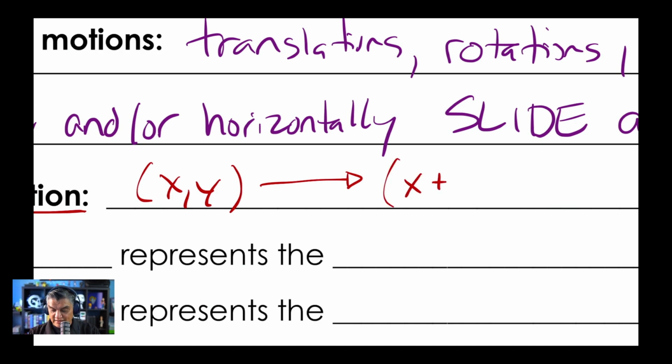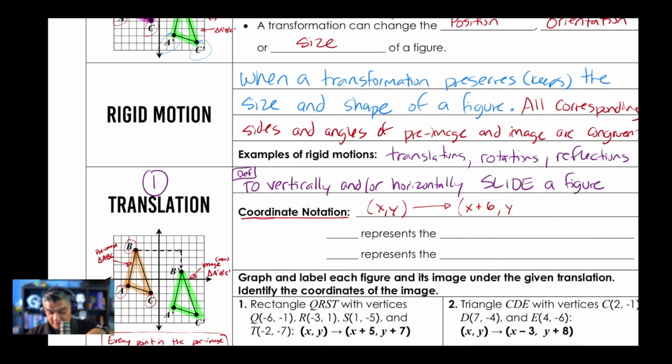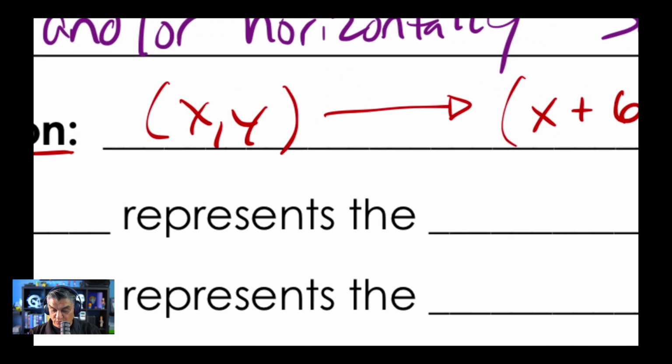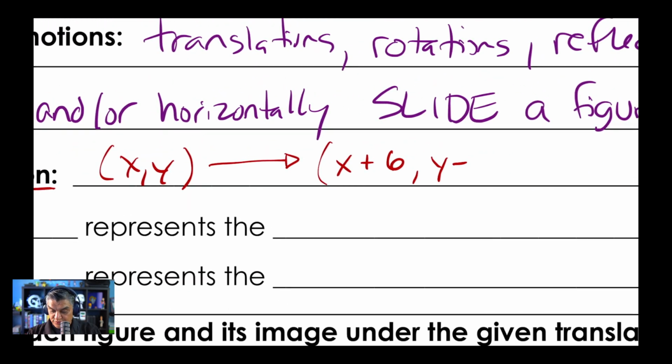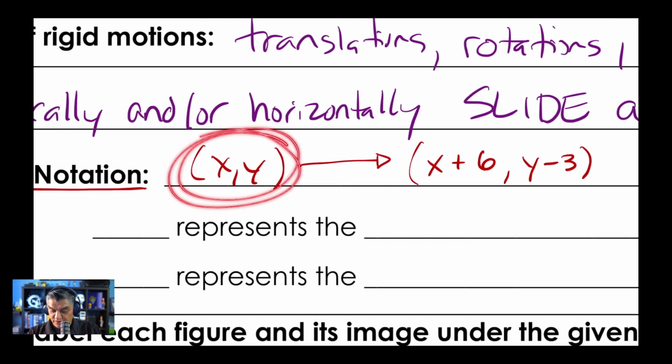For x, we added 6 units. And then for y, what did we do? We went down 3 units. So we moved 6 units forward, so that's plus 6. And then we moved 3 units down, so the y subtracted 3. Down means minus. And there you go. This is the original point.